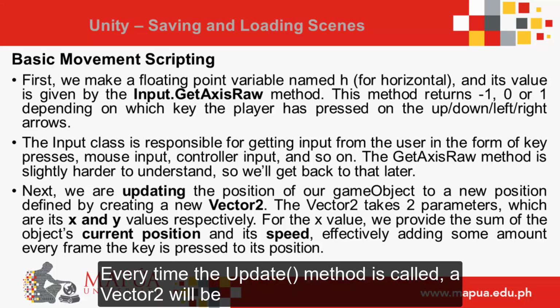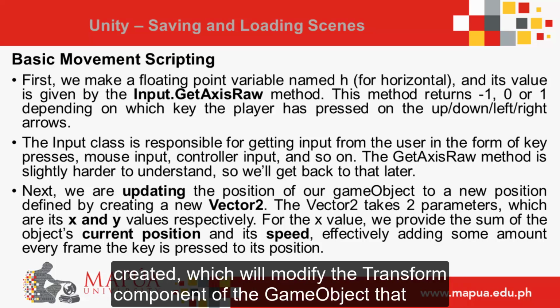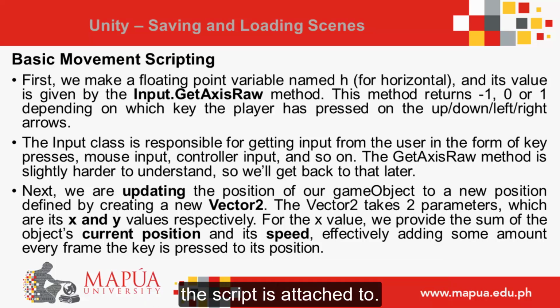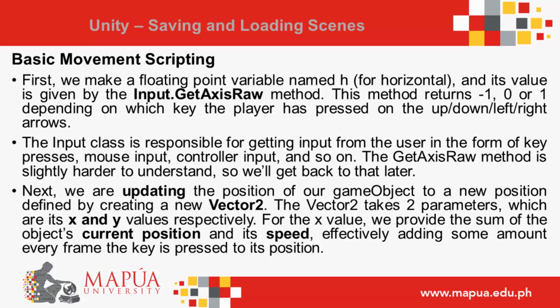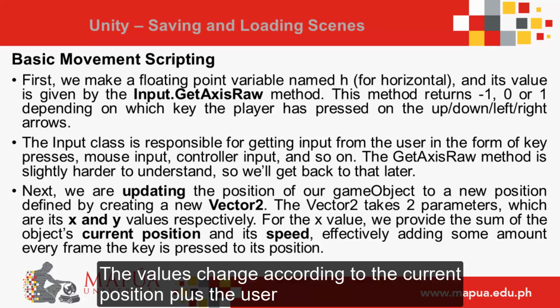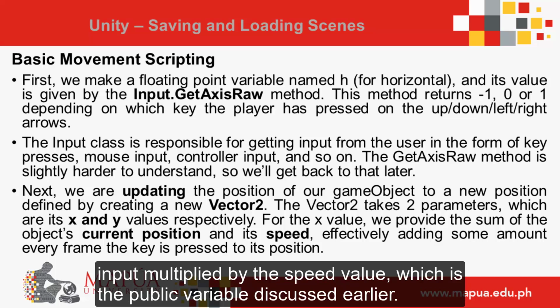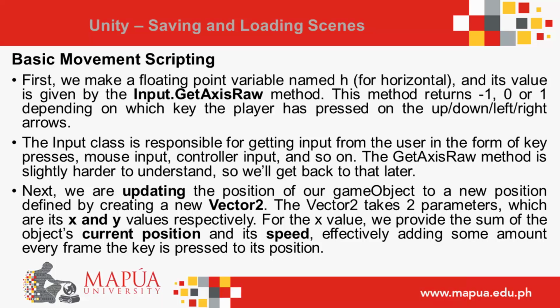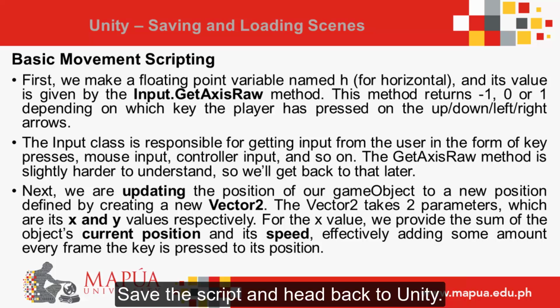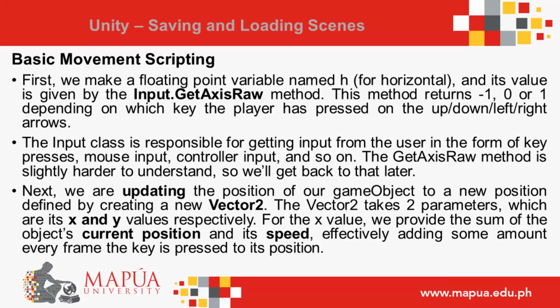Every time the Update method is called, a Vector2 will be created which will modify the transform component of the game object that this script is attached to. The values change according to the current position plus the user input multiplied by the speed value, which is the public variable discussed earlier. Save this script and head back to Unity.